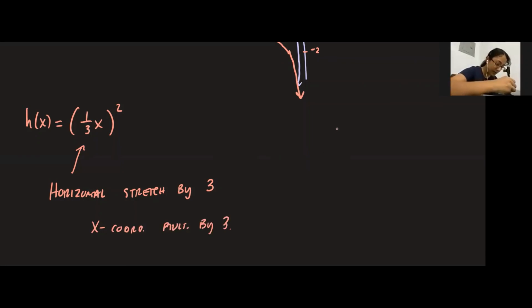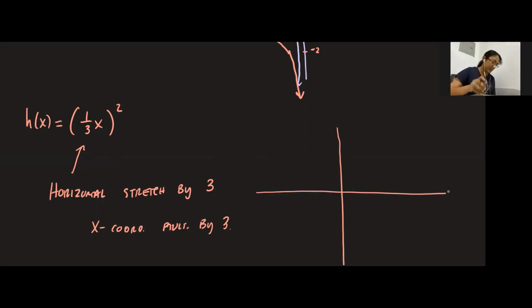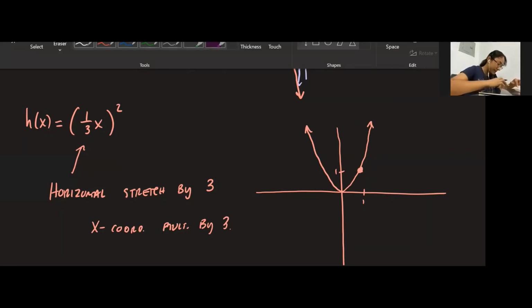So let's take a look at how that's going to be. Here, x squared is the basic graph. x squared looks like this. It's a parabola. And then let's grab a point that's on the graph. (1, 1) is on the graph. And then we are going to multiply each x coordinate by a factor of 3.